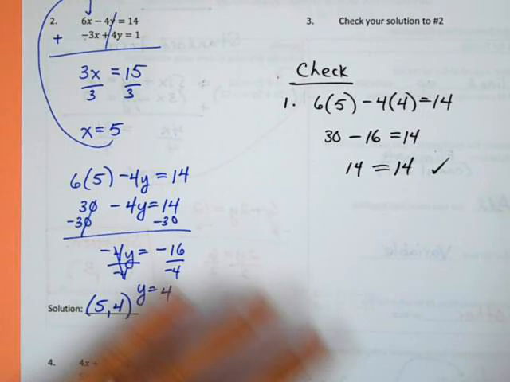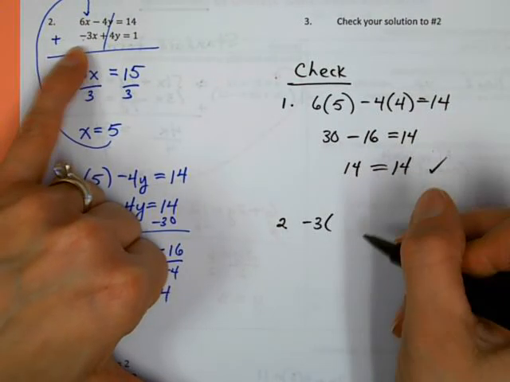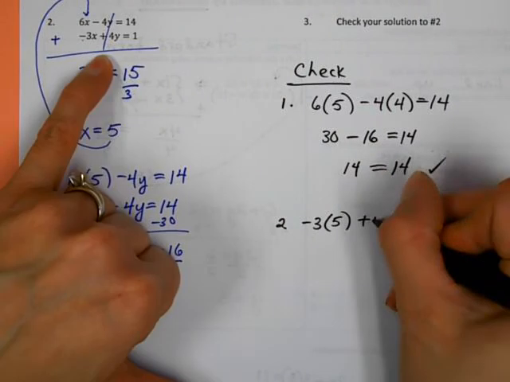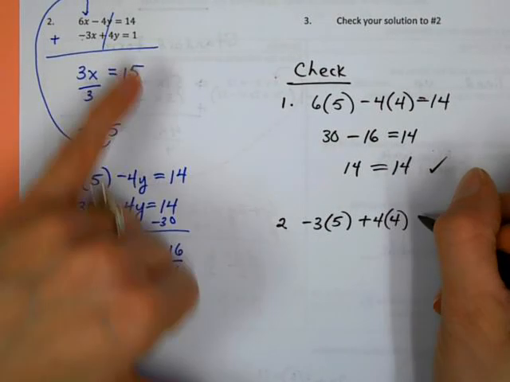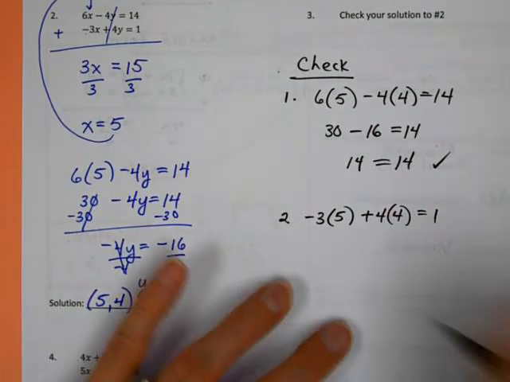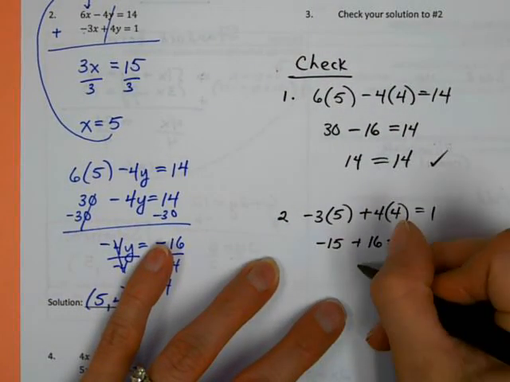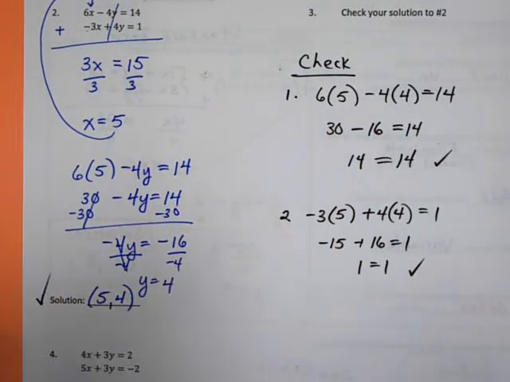Check. Equation number 2. Negative 3 times the x, which is 5, plus 4 times the y, which is 4. Does that make a 1? Does negative 15 plus 16 make a 1? Yes, 1 does equal 1. Okay, so our solution is correct.